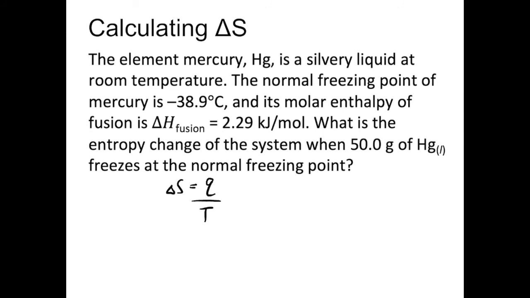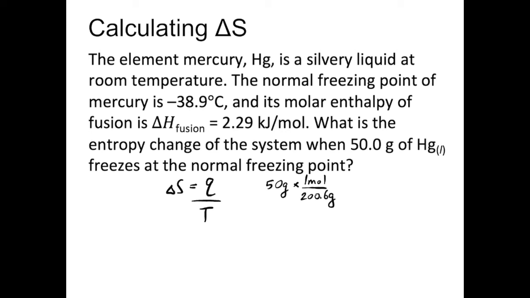Well, this means we can use calculations very similar to those we used in Chapter 5, the thermochemistry chapter. We have 50 grams, and we can look up the molecular weight of mercury. That molecular weight is 200.6 grams per mole. We can use the mass and the molar mass to find the number of moles of mercury.